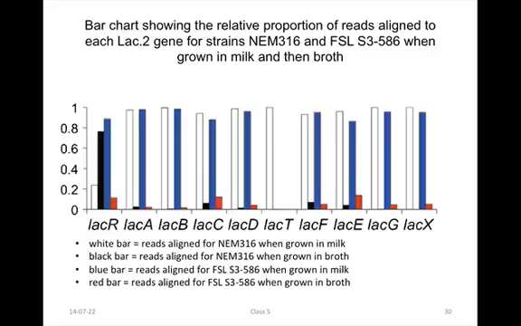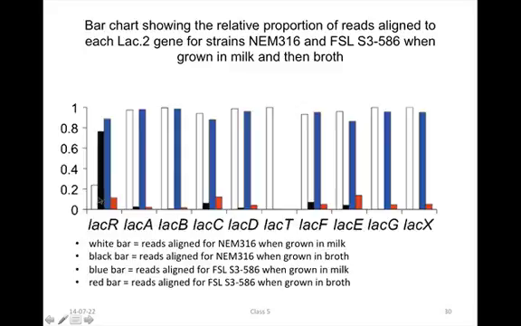Okay, this is showing a difference between strain 1 and strain 2 grown in milk and broth. They're also looking at the lac genes because it's a virulent pathogen, so they want to study the difference, and they want to see if there's a difference between milk and broth.